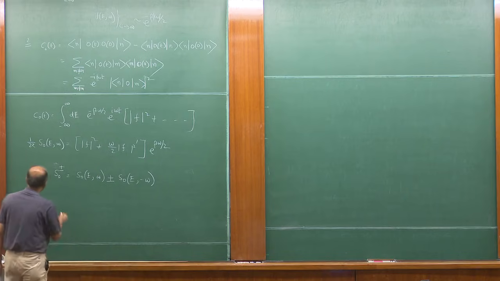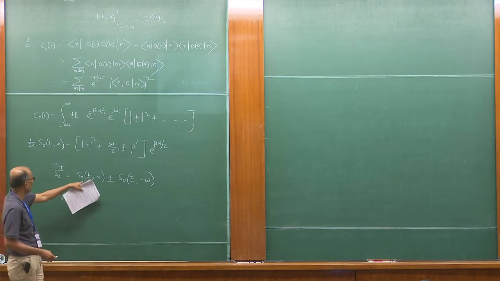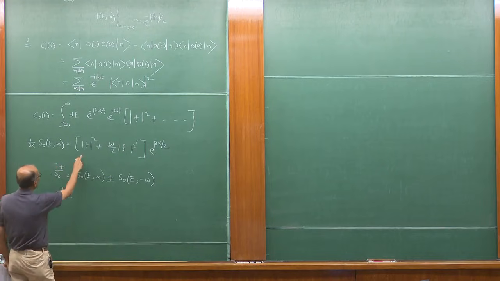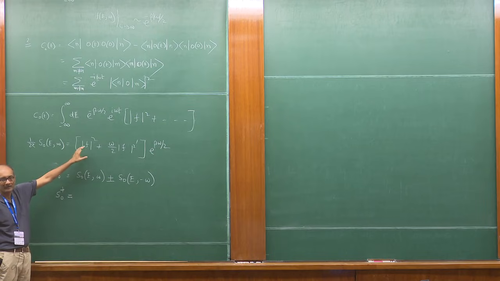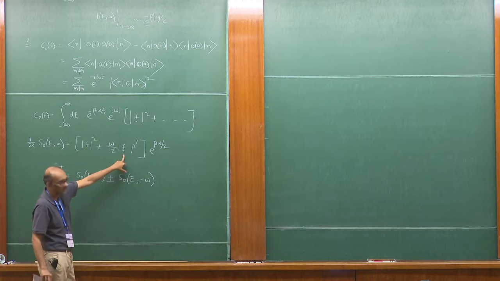So S naught plus, if I define this to be S naught of E, omega plus S naught of E, minus omega, that's going to come with a cosine of beta omega by 2 times mod f square, and sinh with a mod f prime square.